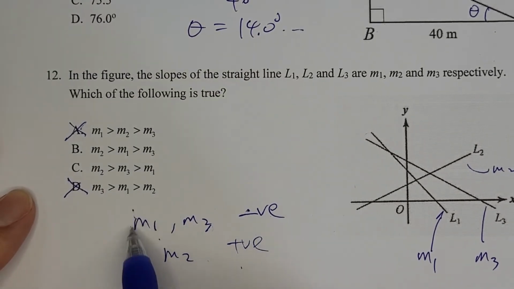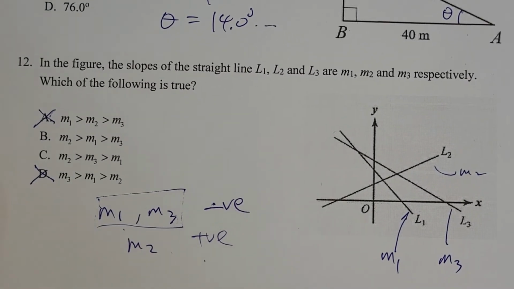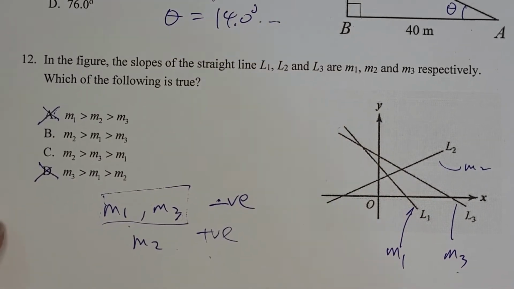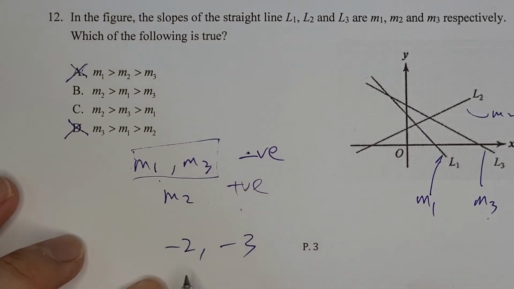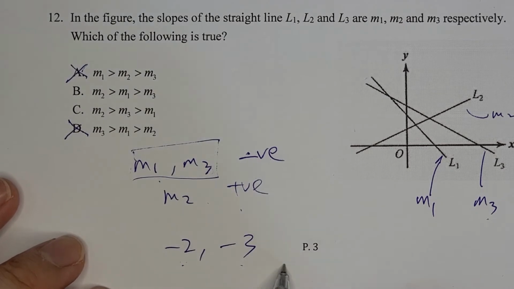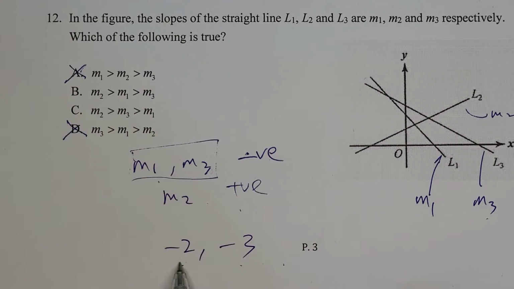So you need to just compare M1 and M3. Which number is bigger? As you know, M1 and M3 are negative. Then you need to think which number is not so negative. For example, -2, -3. Which one is bigger? The answer is -2.